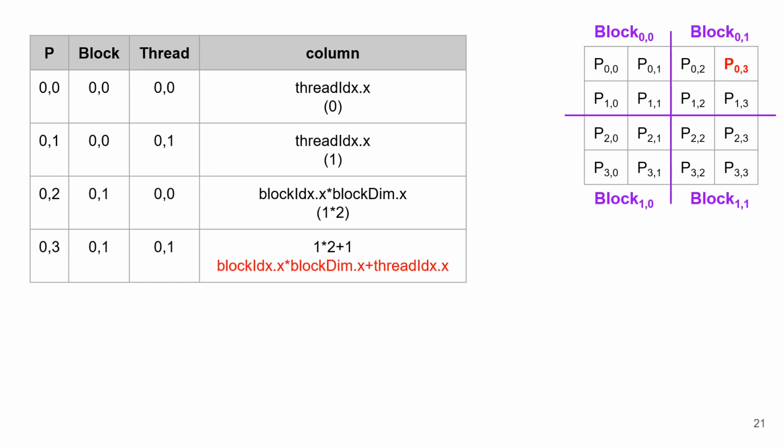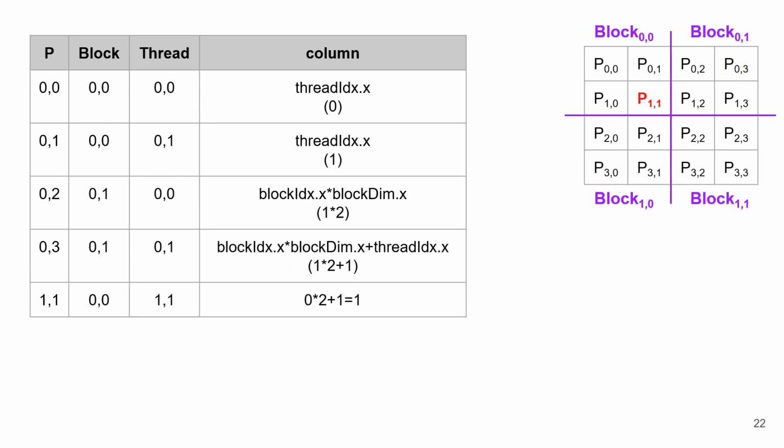If we move to P03, similar to what I said about row calculations, we are actually combining the variables discussed so far. That means we have to find the block number and then the thread position in that block. And that is blockIdx.x multiplied by blockDim.x plus threadIdx.x, or 1 multiplied by 2 plus 1, which is column number 3.